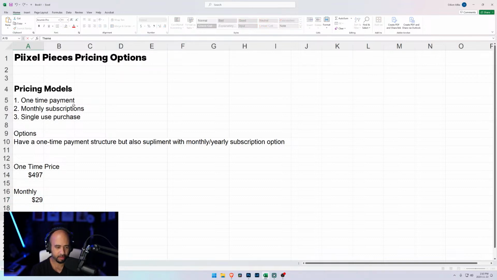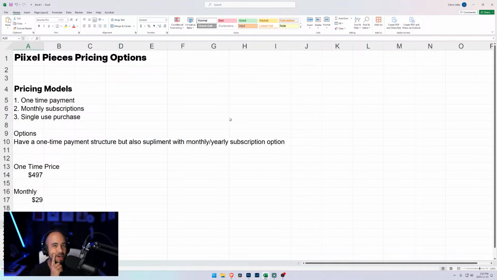And then for the themes, I feel each theme should probably be the same price. I know that there's different people that have themes and they have them at different prices depending on what the theme is.